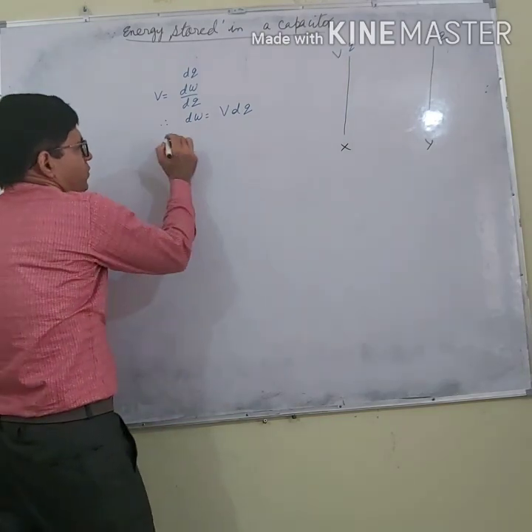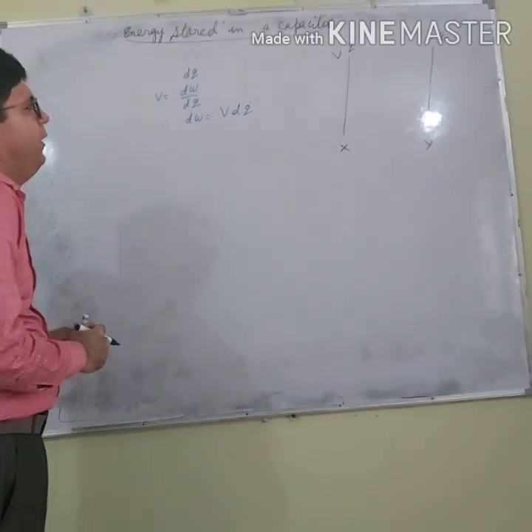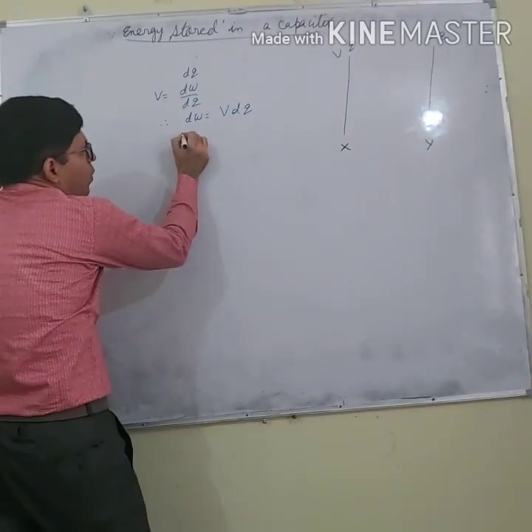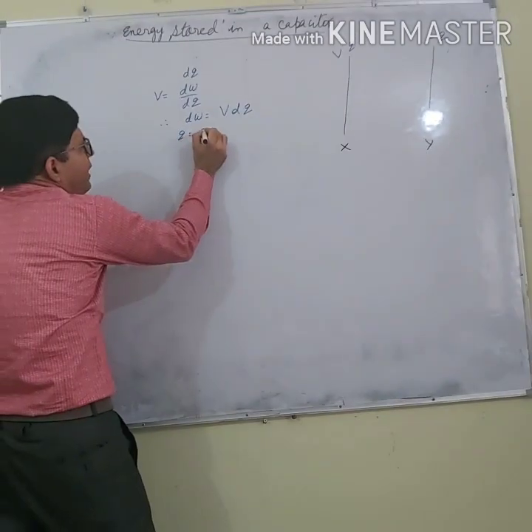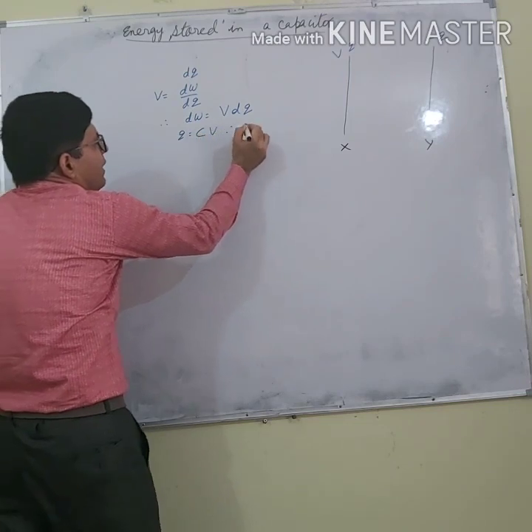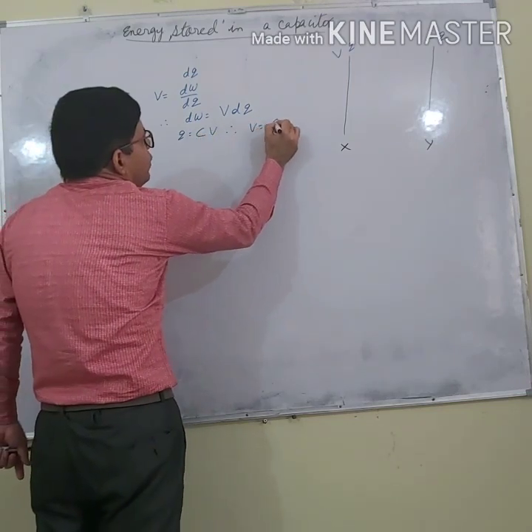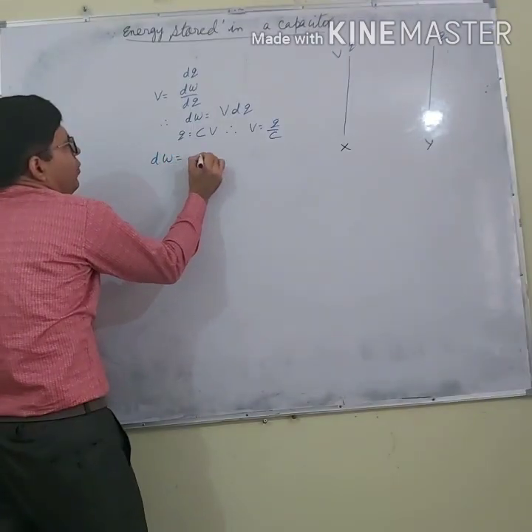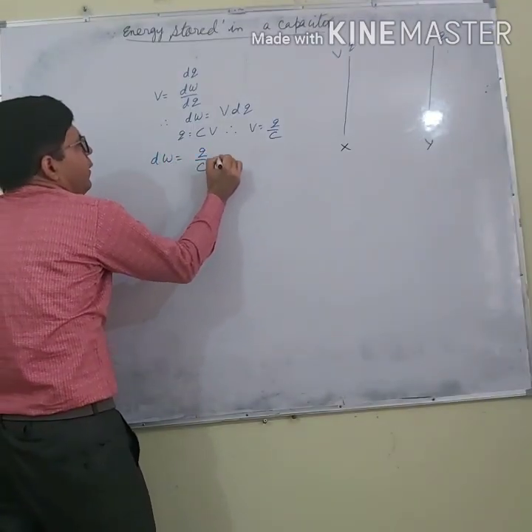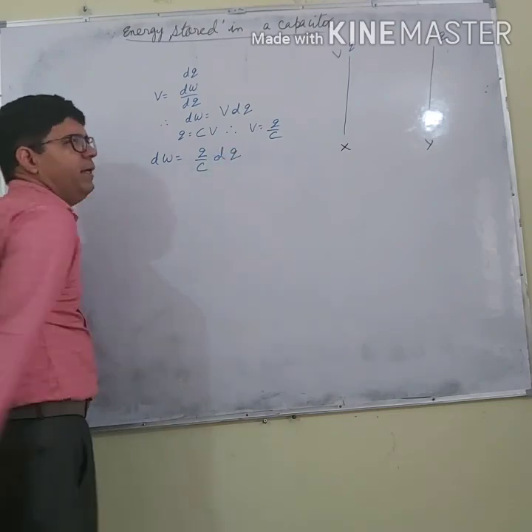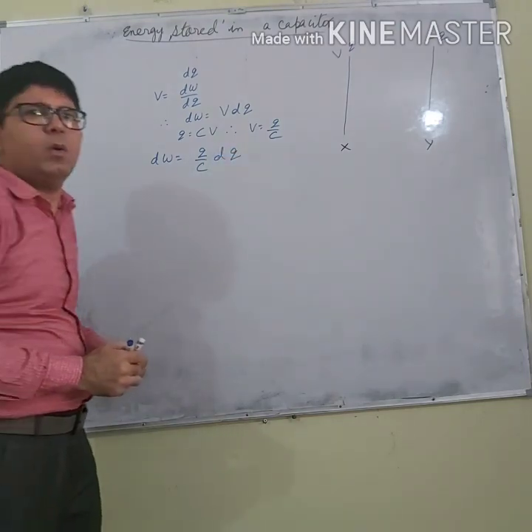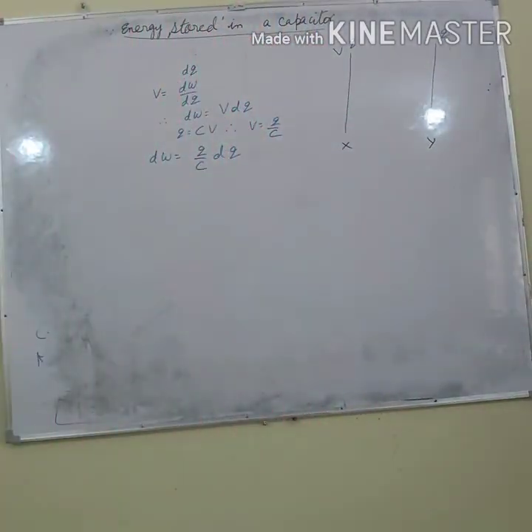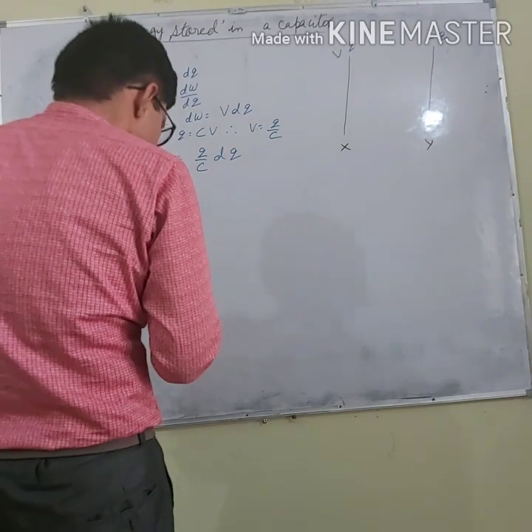Now, as we know, Q equals CV, therefore V equals Q by C, and hence I can write dW equals Q by C multiplied by dQ. Now total work done can be found by integrating this equation.